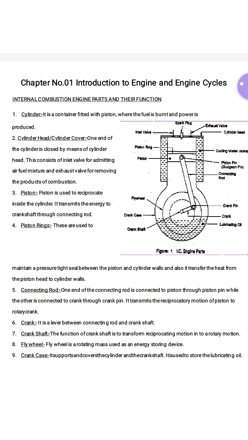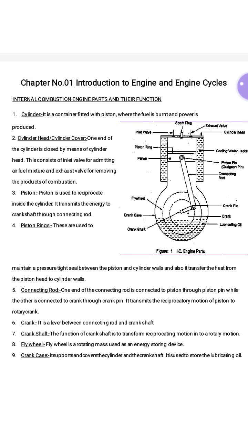Next component is the piston. The piston is also called the heart of the engine. The piston reciprocates inside the cylinder and transmits the expansion force of the gases to the connecting rod.